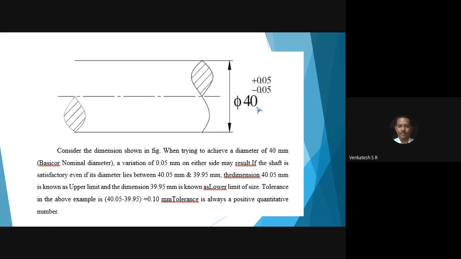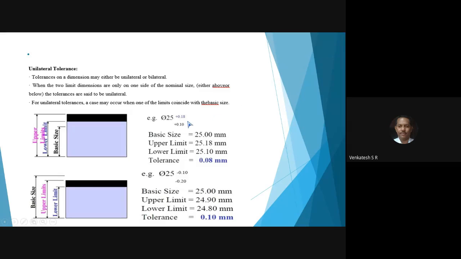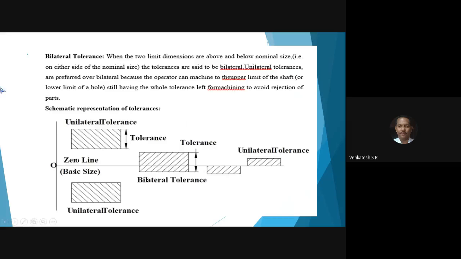If you specify both the limits in the positive direction, or both the limits in the negative direction, that is called unilateral tolerance. You can understand the diameter of the shaft is 40. That is called the zero line or basic size.